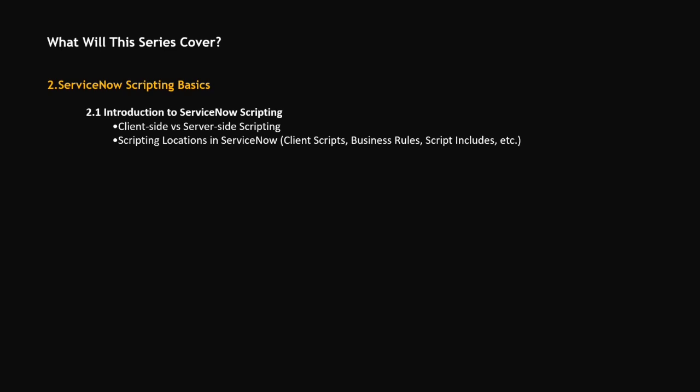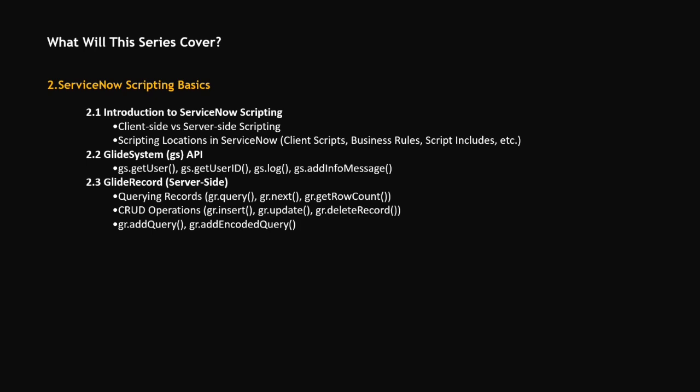And then the continuation, ServiceNow scripting basics. Introduction to ServiceNow scripting, client side versus server side scripting, scripting locations in ServiceNow: client scripts, business rules, script includes, etc. Then the GlideSystem API, the GS API, server side APIs, like gs.getUser, gs.getUserID, gs.log. We'll be learning all the methods in depth. GlideRecord: how to query the record, how to delete, how to update, how to read.